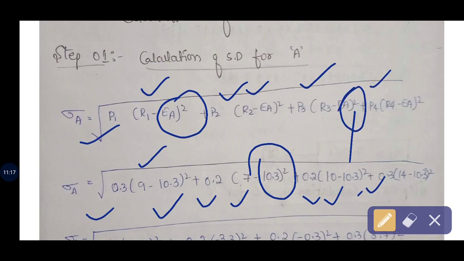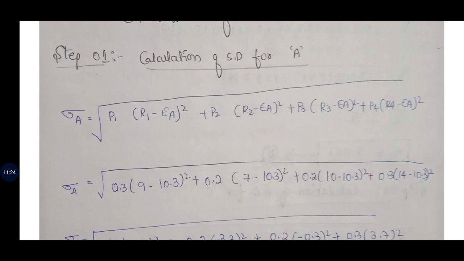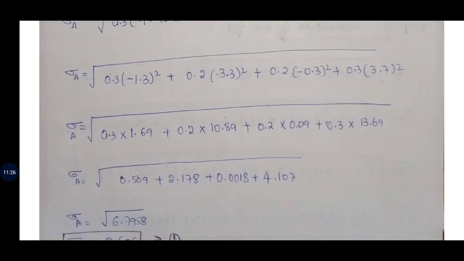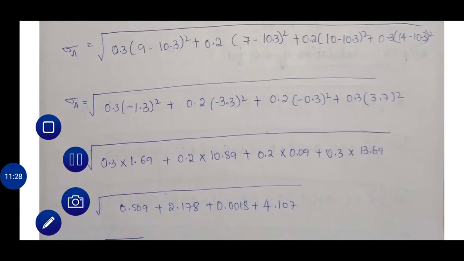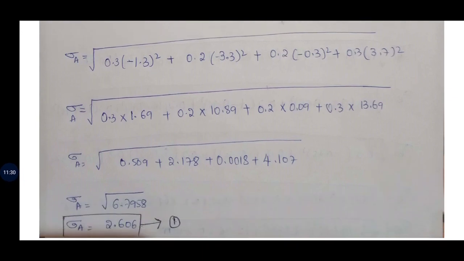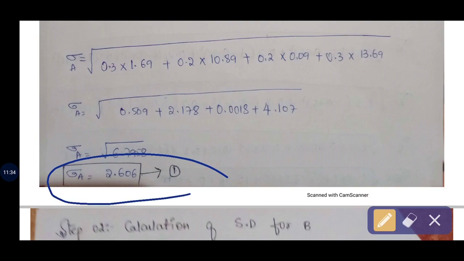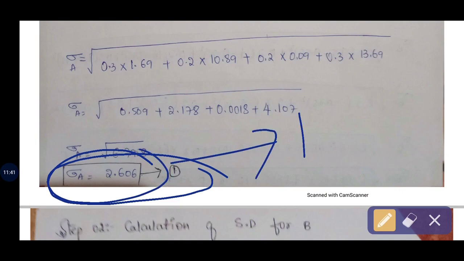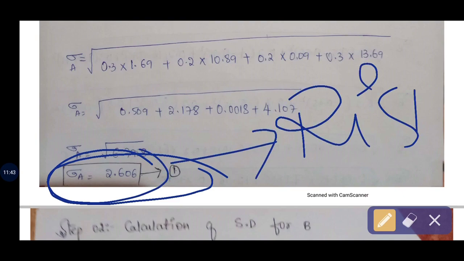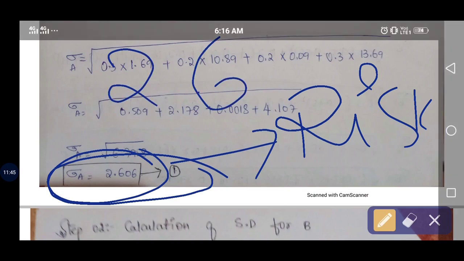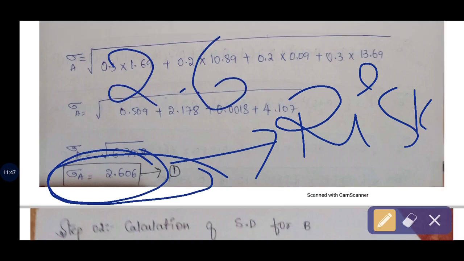P4 is 0.3 and R4 is 14 and expected return is 10.3. So after calculating all this, and taking the square root, this risk of A investment, that is standard deviation, is 2.6.